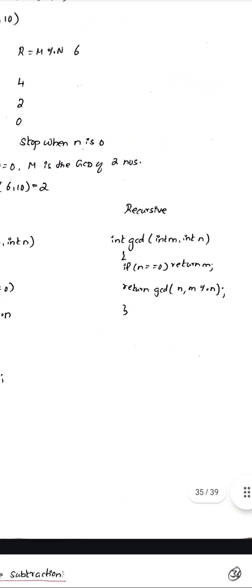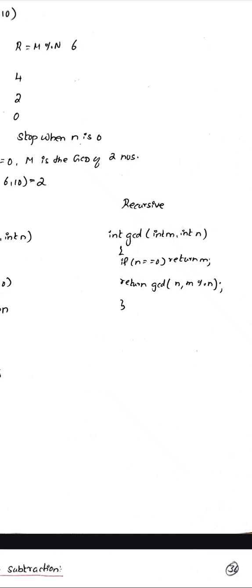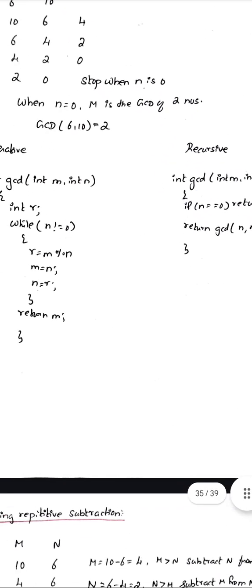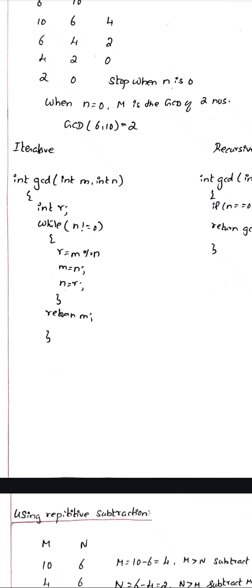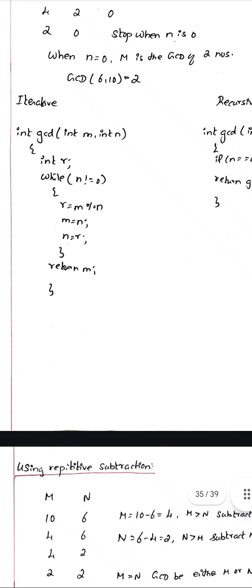Return m. The recursive method is GCD of int m, int n. If n equals 0, return m. Return GCD of n, m modulo n.